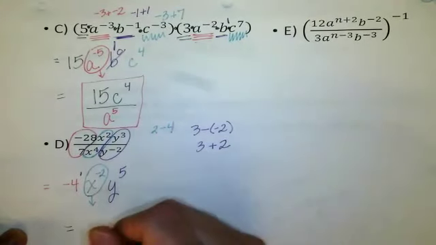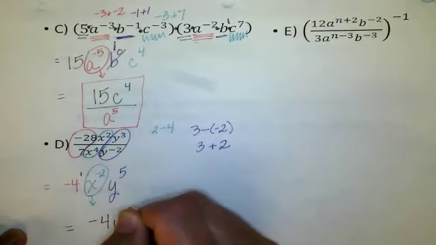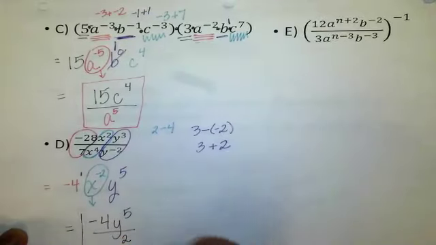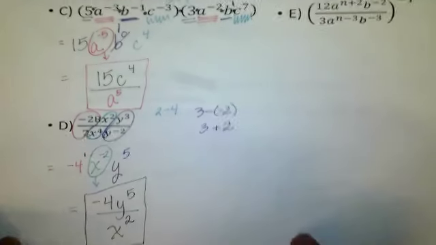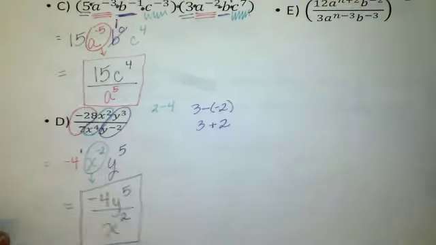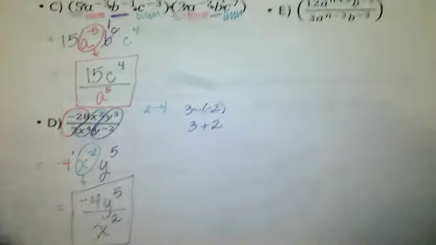And y to the 5th is also perfectly happy upstairs. When we move x to the negative 2 to the denominator, he's now a happy camper. All right. Raise your hand if you've got this. Thank you. Okay. So those were pretty easy.